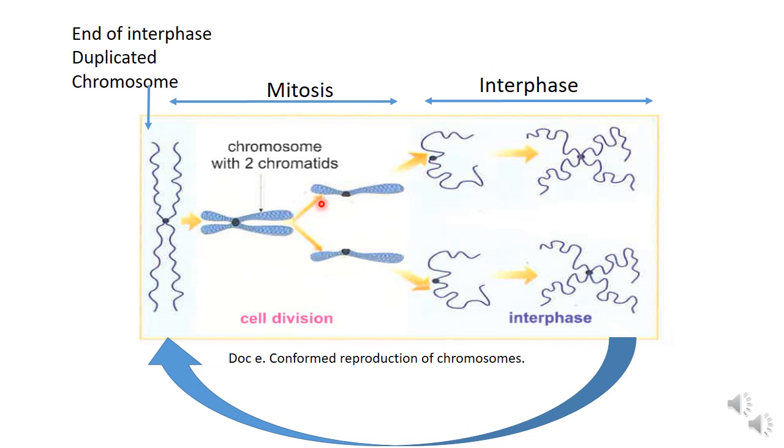So we obtain two chromosomes, each of one chromatid. Then each chromosome of one chromatid, found now in every daughter cell, will, as you can see here, during interphase, duplicate again, and so on. This duplicated chromosome again will start a new division, a new mitosis.